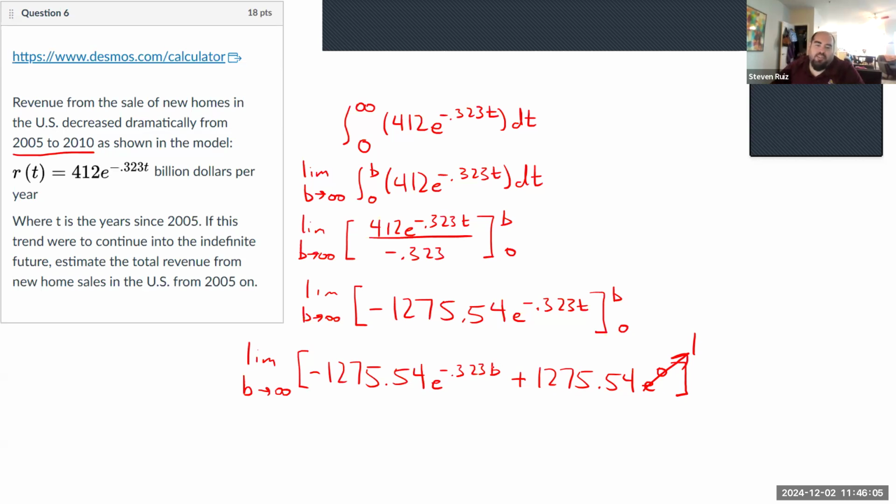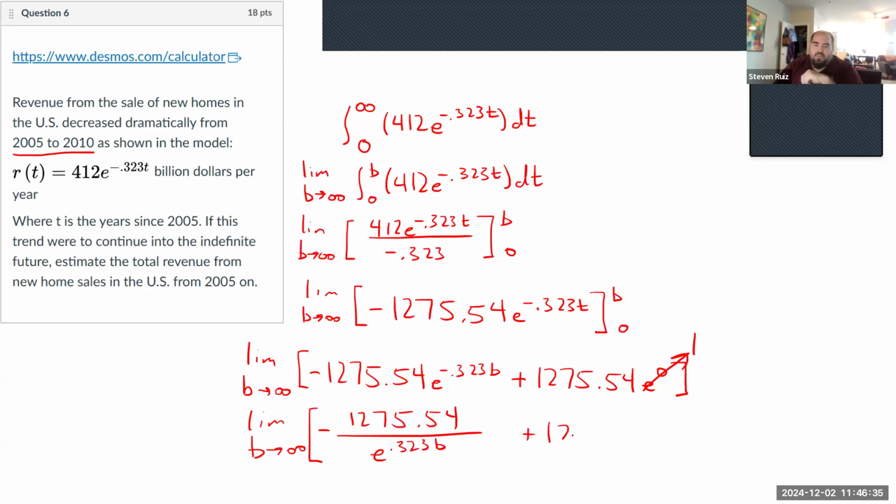What is going to happen to this e term as b gets really, really large? Maybe it'd be easier to think about if we rewrote this as the limit as b goes to infinity of negative 1275.54 over e to the positive 0.323b.